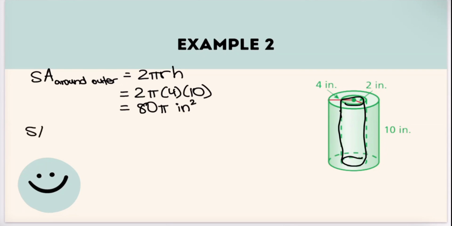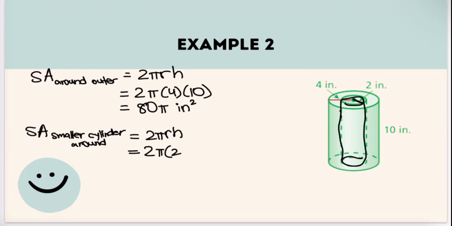Well, for the surface area for the smaller cylinder around, we would have 2 pi r h again, except this time r is referring to this r, right? The radius of 2 for the smaller cylinder. So that's going to be 2 times pi times 2 times 10, which is 40 pi this time.